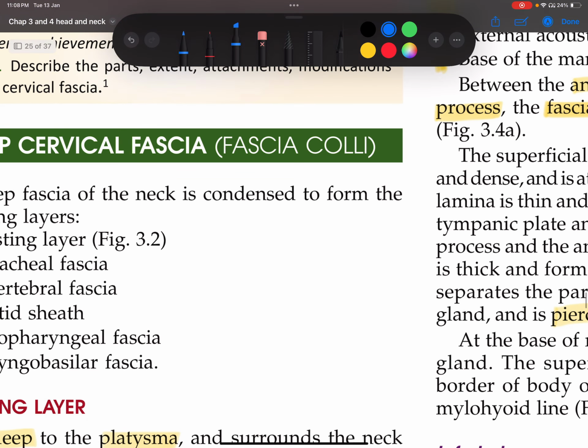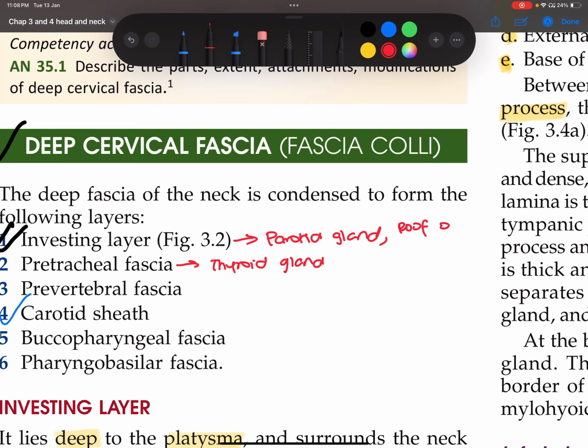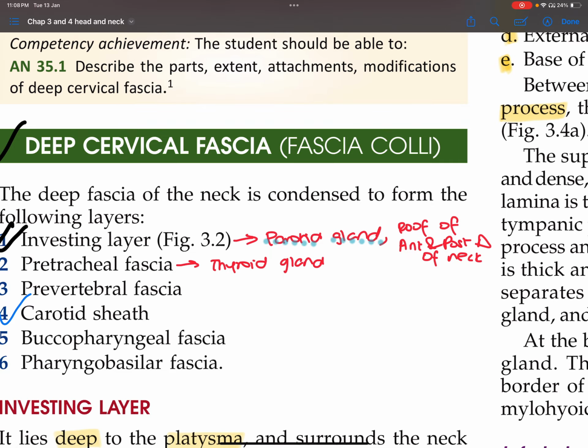So another very important thing about the investing layer of deep cervical fascia is that it covers the parotid gland, right? And what about pretracheal fascia? It covers the thyroid gland. Other than that, we discovered that the investing layer makes the roof of the anterior and posterior triangle of the neck. And what about prevertebral fascia? This forms the floor of the anterior and posterior triangle of the neck.